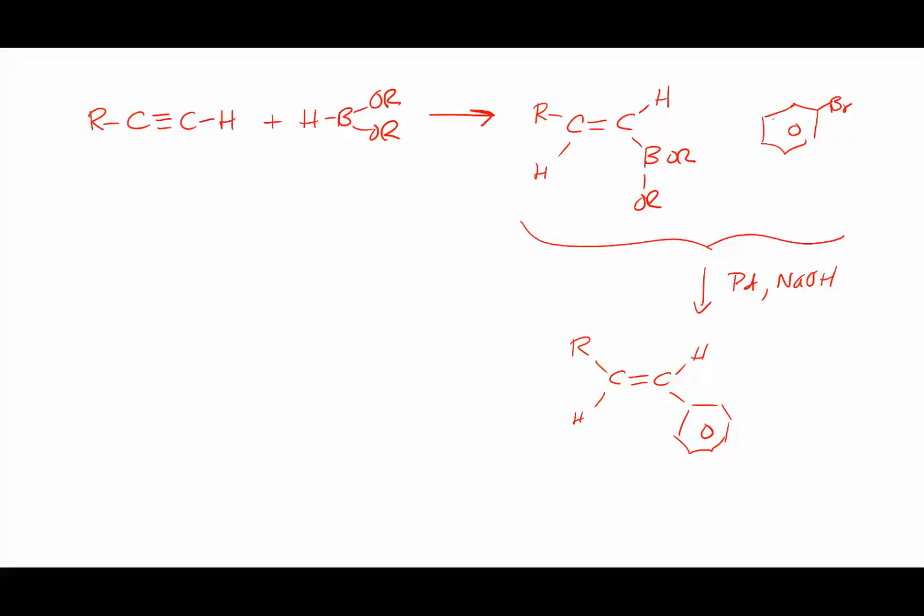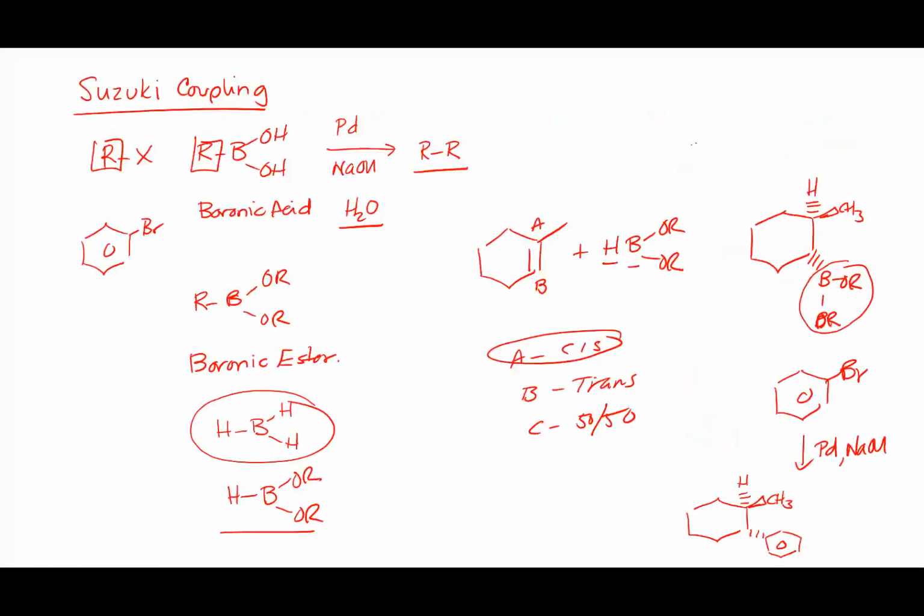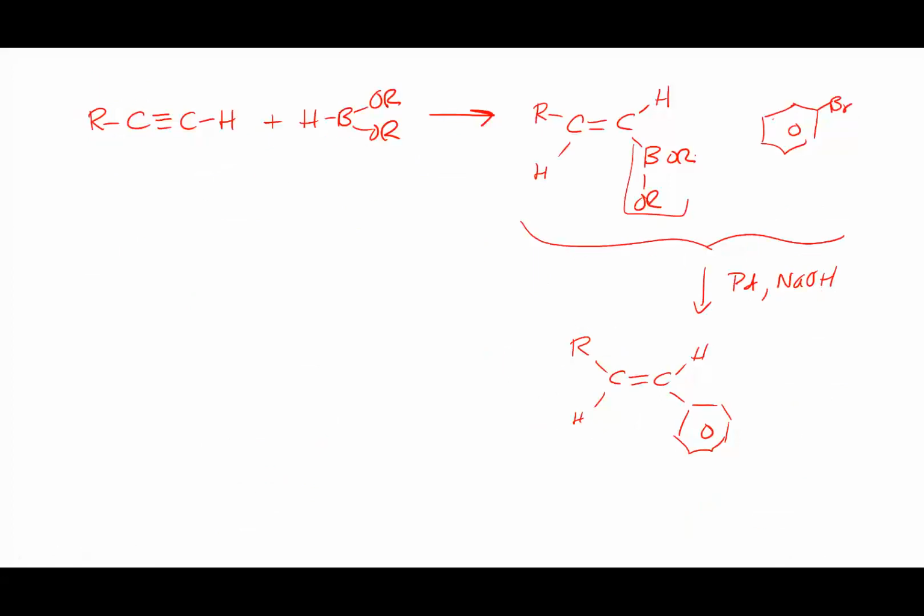So again, all I'm doing in Suzuki coupling is replacing my boron group after the addition of the HBOR2 groups to a double or a triple bond. I'm replacing the boron group with a benzene ring. And I could replace it with other groups as well, but our focus right now is on benzene and making substituted benzenes.